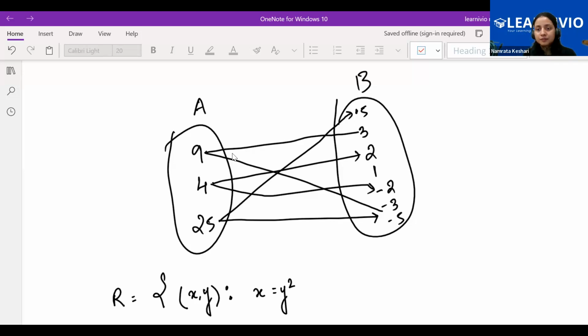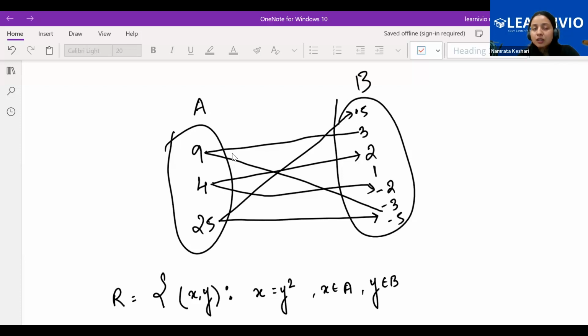Can we say x belongs to set A and y belongs to set B? Yes, ma'am. So this is how we can define our relation.